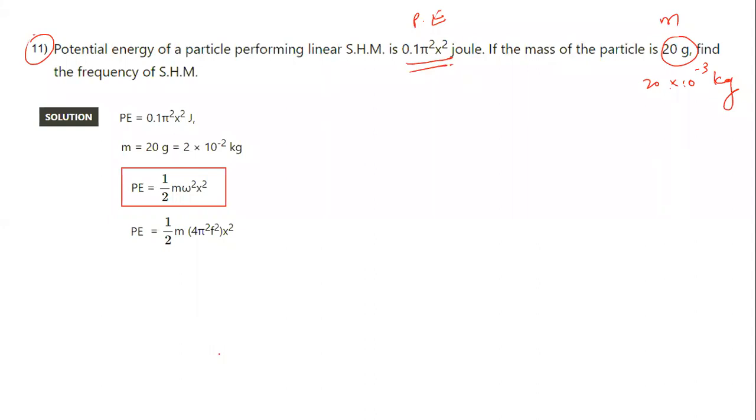Now here omega is 2π into frequency, 2πf. So ω² is 4π²f², as we have written. Now potential energy is given in terms of x. When we substitute the potential energy, x² gets cancelled from both sides, and you have to solve this equation for frequency.